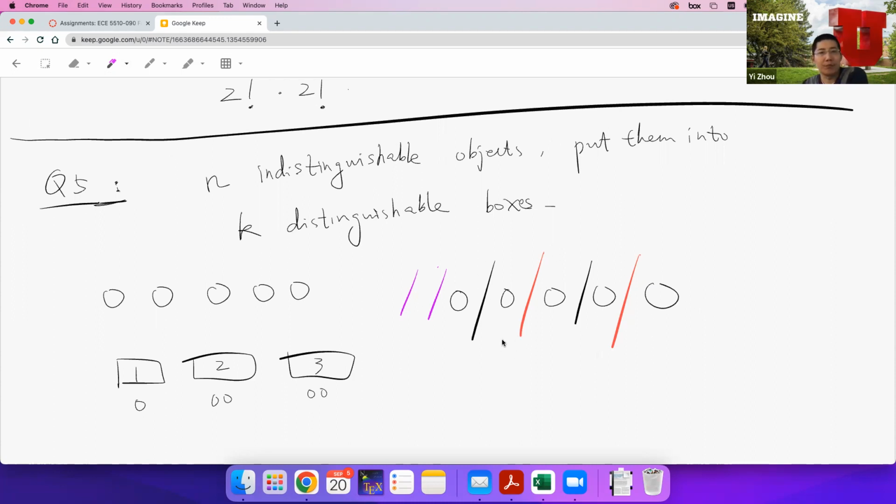So if I view this problem in this way, then the problem reduces to how many different ways can I place two separators among these 5 apples.